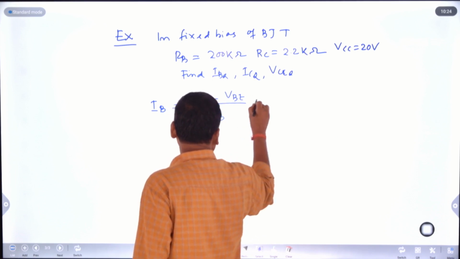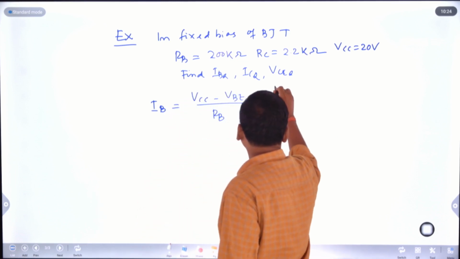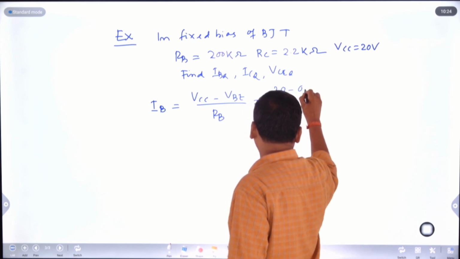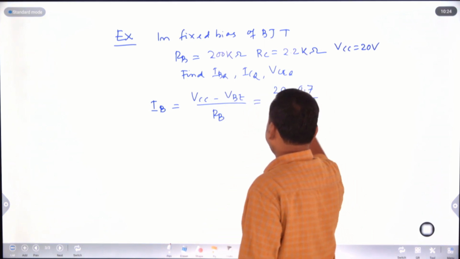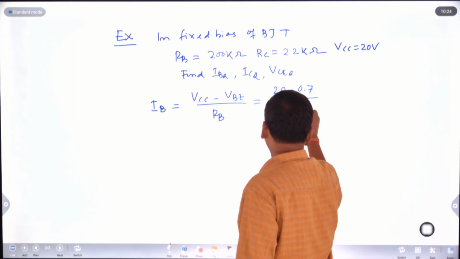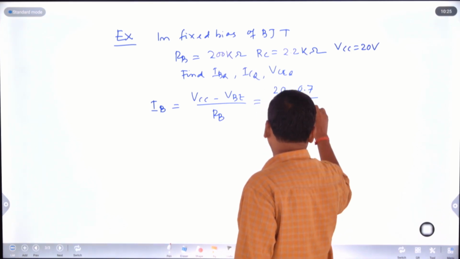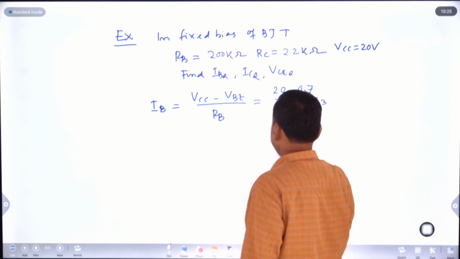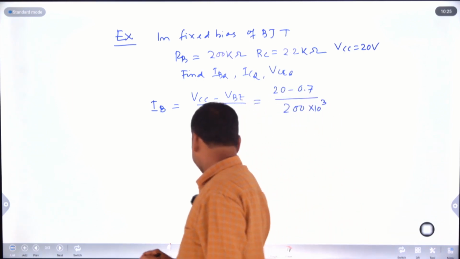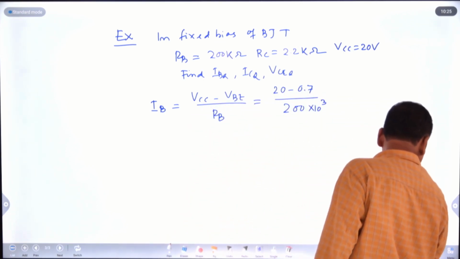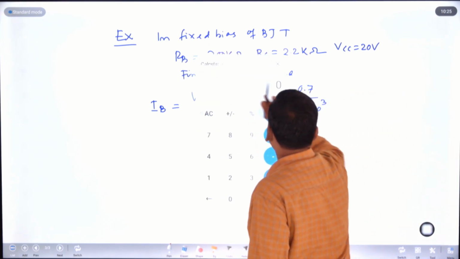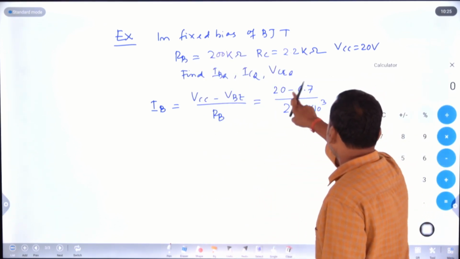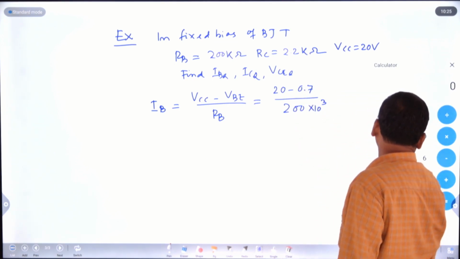All the values are given: VCC is 20, VB is 0.7 because it is silicon, and RB is 200K, that is 200 into 10 to the power 3. Using the calculator, 20 minus 0.7 is what?